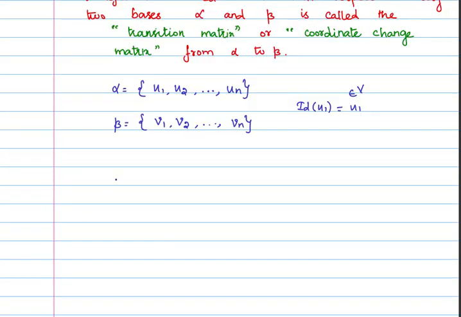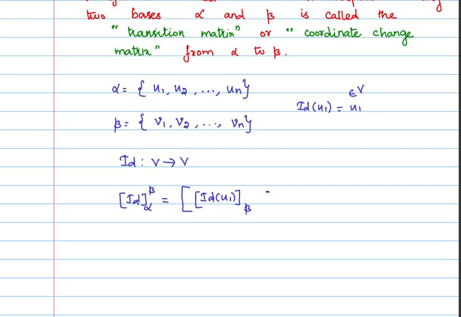So I can represent any linear transformation as a matrix representation, correct? So I want to represent ID alpha to beta. This is nothing but a matrix whose first column is the coordinate vector of ID of U1.